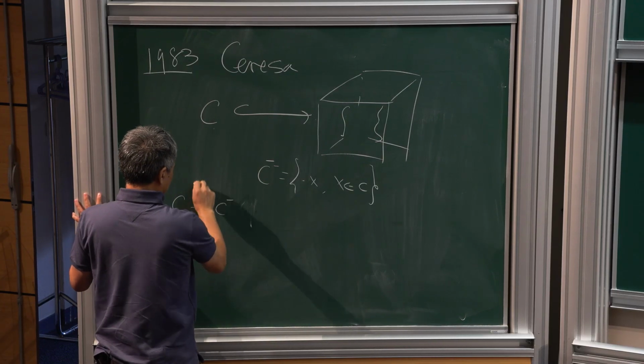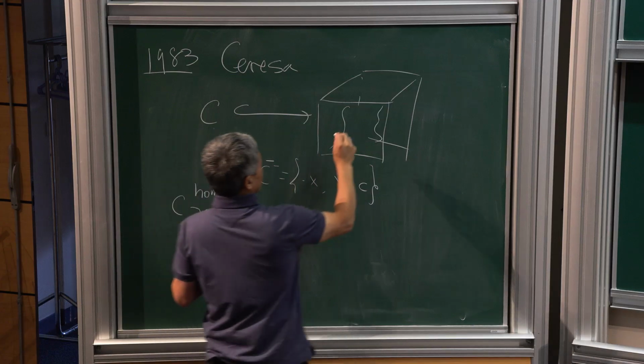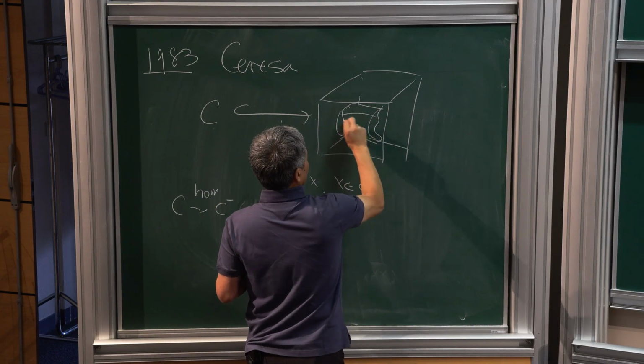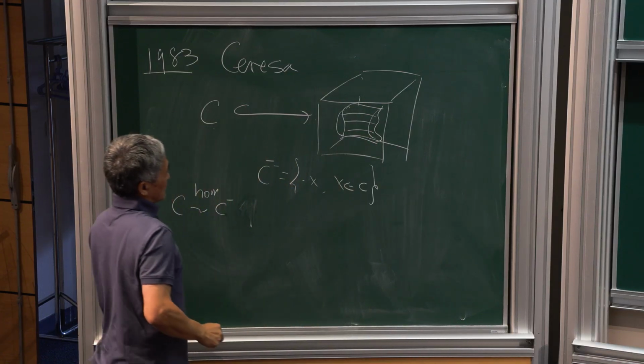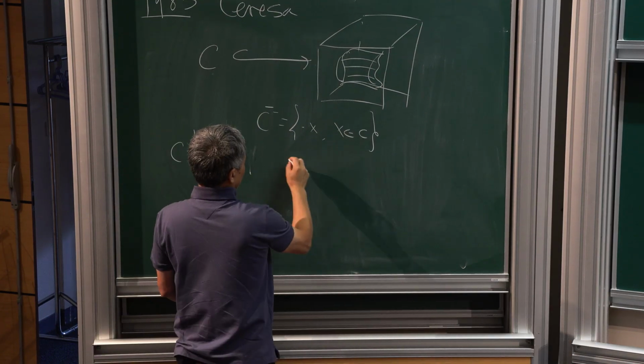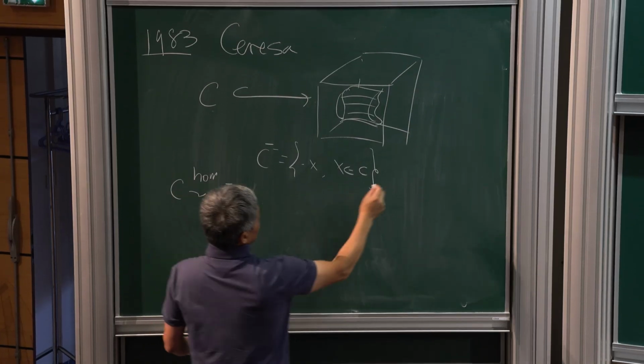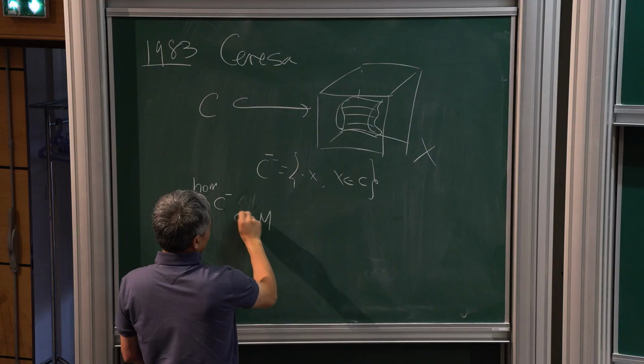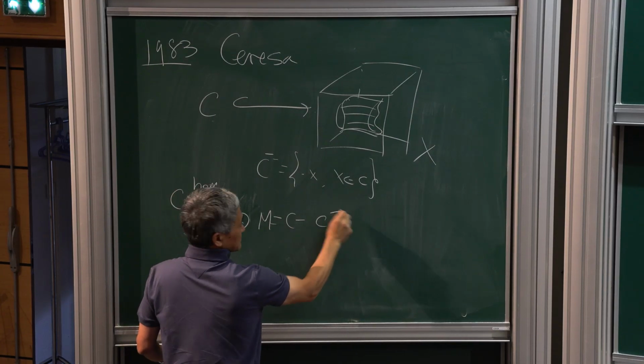So you can have a real manifold somewhere. You have this Jacobian X, and some real manifold M inside, with boundary equal to C minus C minus.